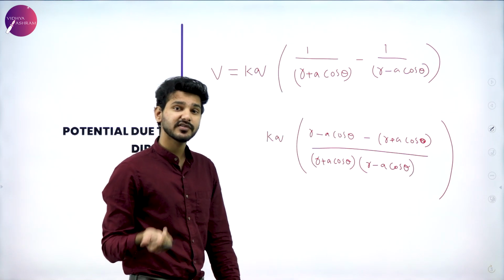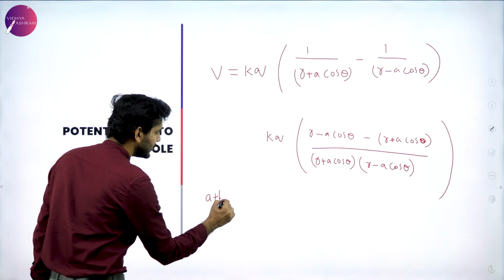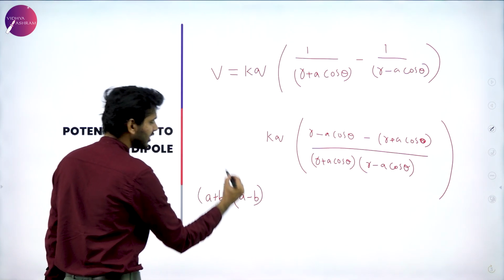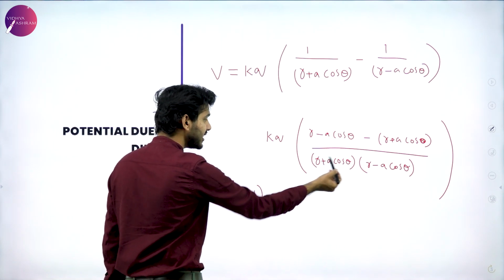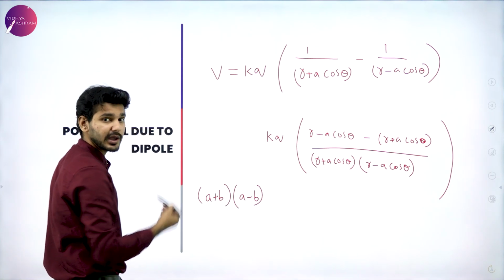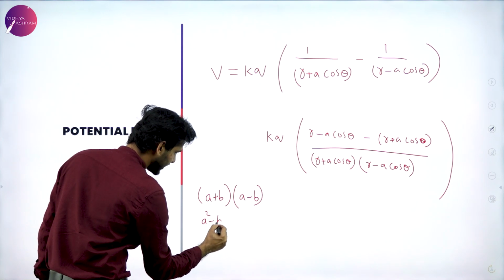If you observe carefully, the denominator is nothing but a plus b into a minus b, where a is R and b is A cos theta. So a plus b into a minus b is nothing but a square minus b square.